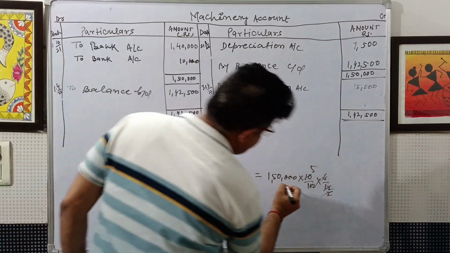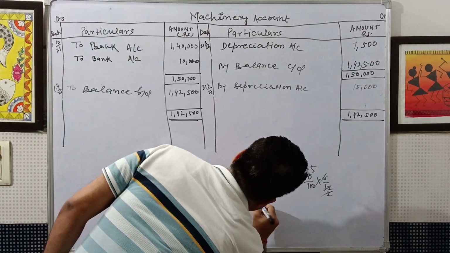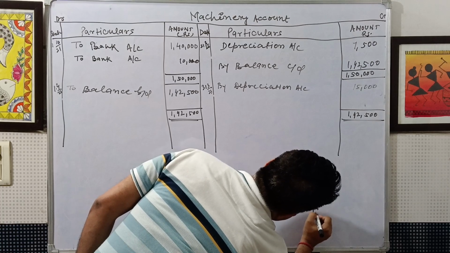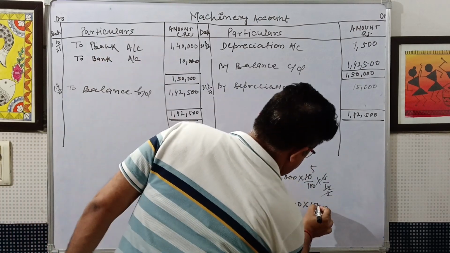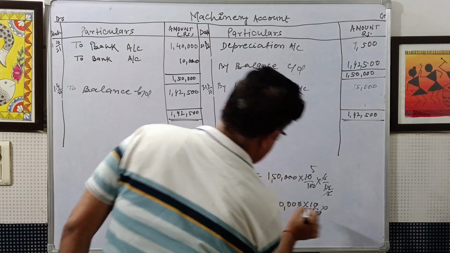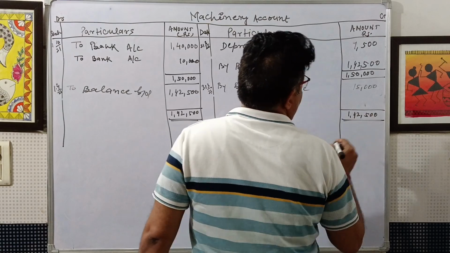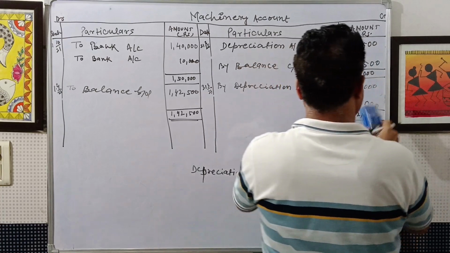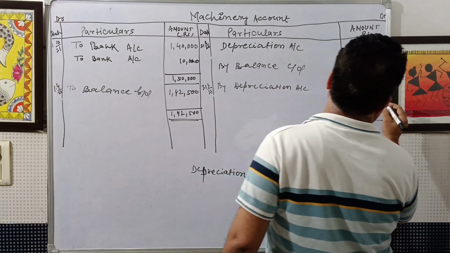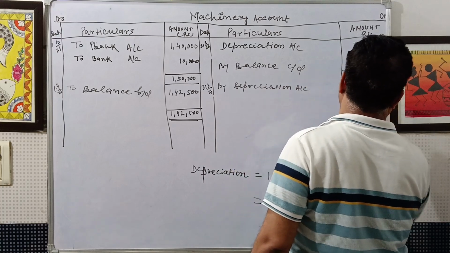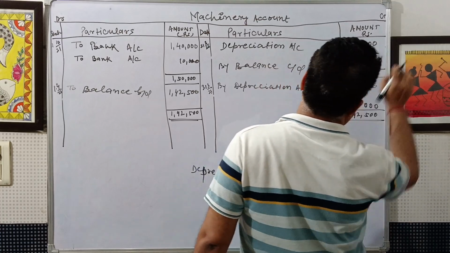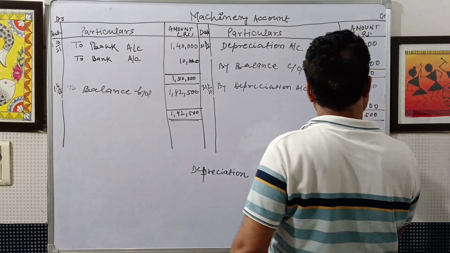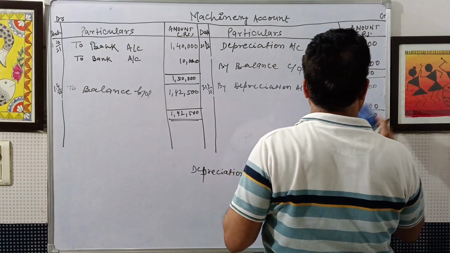Because this is the original cost method, so we charge in another year 1,50,000 into 10 by 100 into whole year, so 1 by 2. So it means 15,000. 15,000.